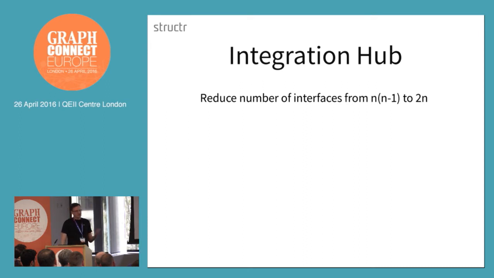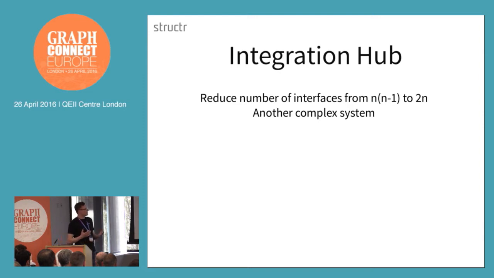What you basically do is you reduce the number of interfaces from an exponentially growing number to a linearly growing number. In this case, if you count each direction for itself, you end up having 2 times n interfaces between the systems.